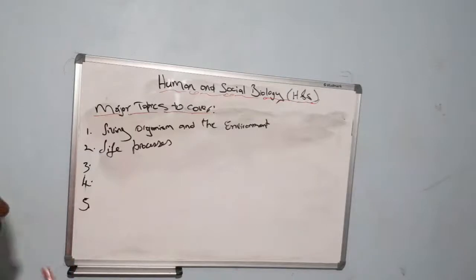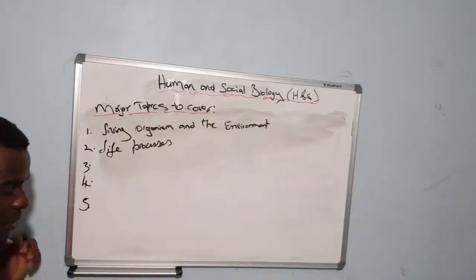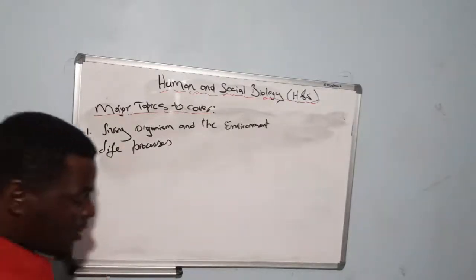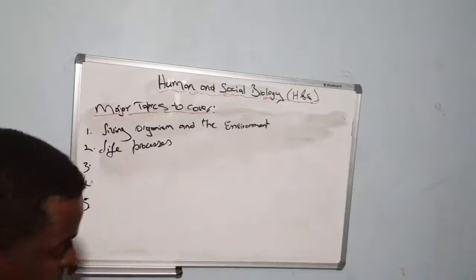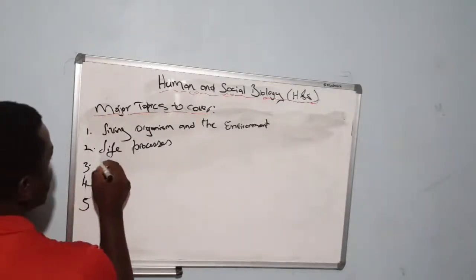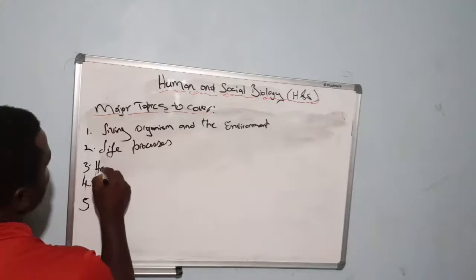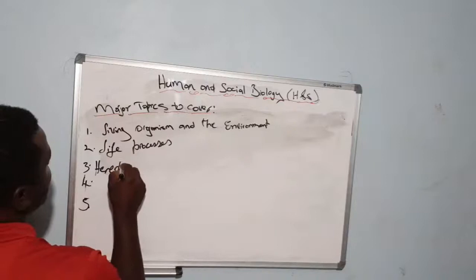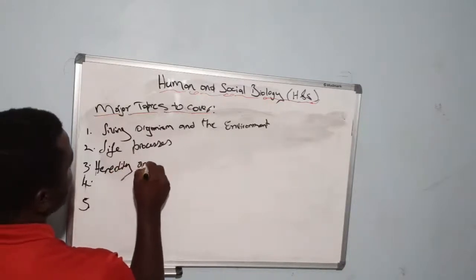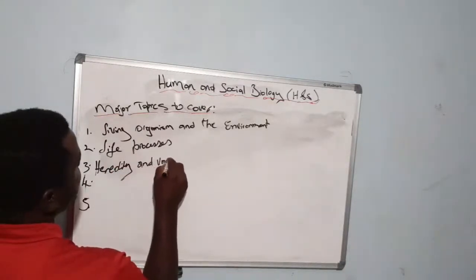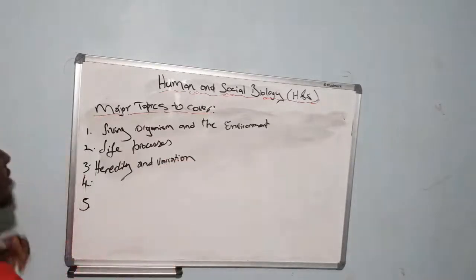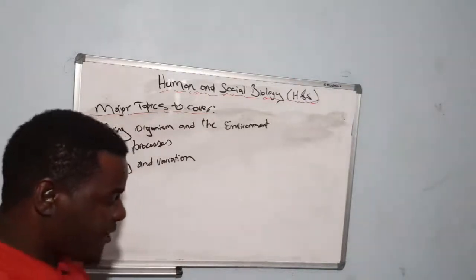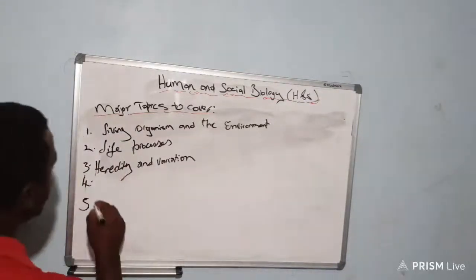Alright, so we have life processes, and the third one is heredity and variation. And number 4, we have disease and its impact on humans.